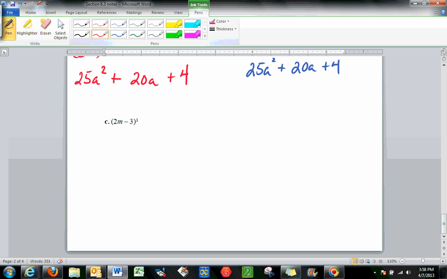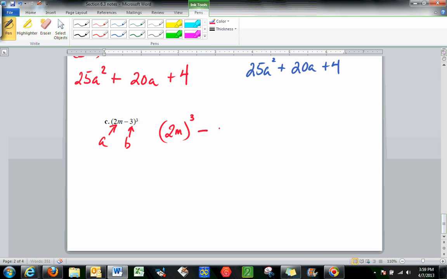So if I look at the patterns, I'm dealing with a negative, and so the 2m represents the a, the 3 represents the b, and we're dealing with a negative binomial, so we would look for the pattern with the negative term. So we're going to take the a term, which is 2m, and raise it to the 3rd power.